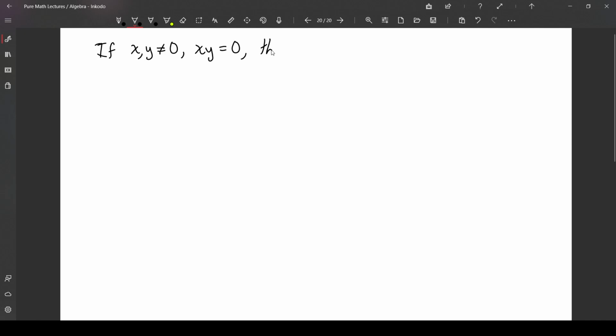In this case, x and y are called zero divisors. Okay. So you have two non-zero ring elements that multiply to 0. So obviously this doesn't happen in our typical numbers, right? You can't multiply two non-zero integers and get 0 out.